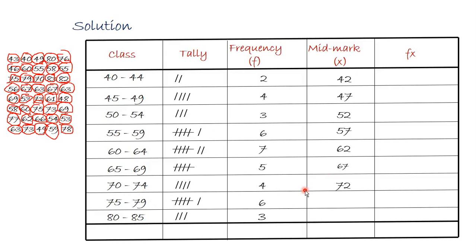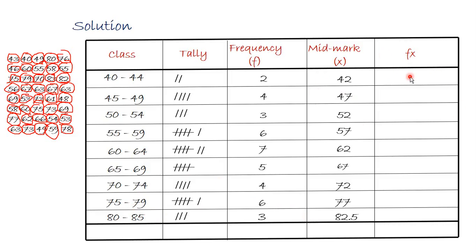The next is 75 plus 79 divided by 2, that is 77. Then lastly 80 plus 85 divided by 2, that is 82.5. Yeah, so we have that.